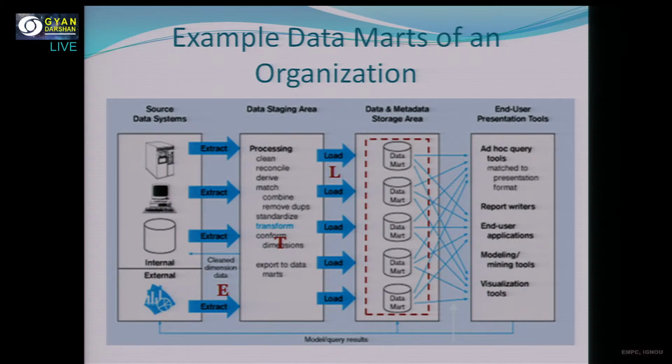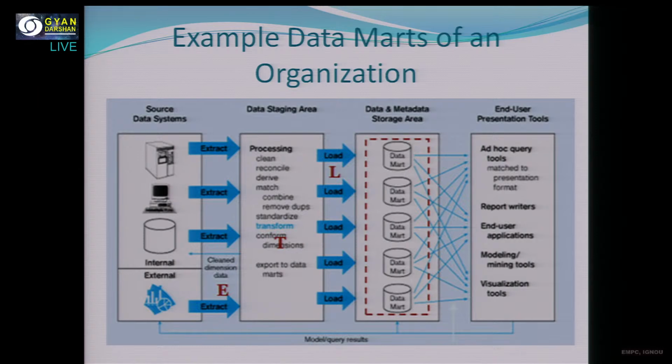You can see there are altogether five data marts shown on the third rectangular block, where the data and the metadata of the data marts are stored. Data mart 1 may have only the sales data, data mart 2 only the marketing data, data mart 3 the financial data. Likewise, you can distribute the data as per the subject.